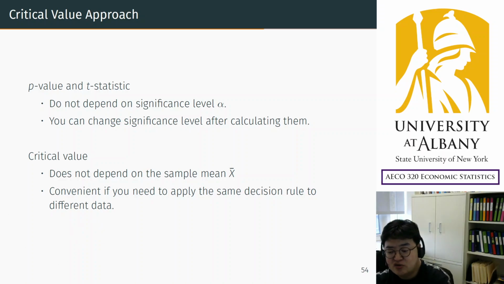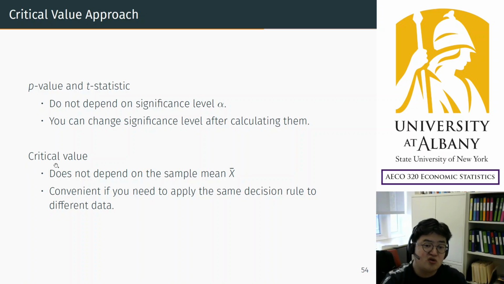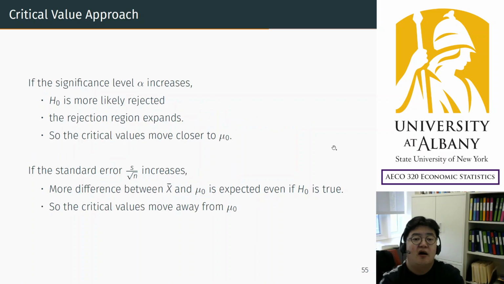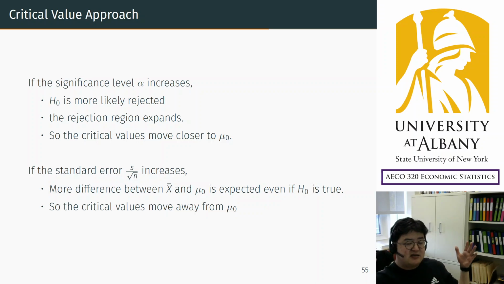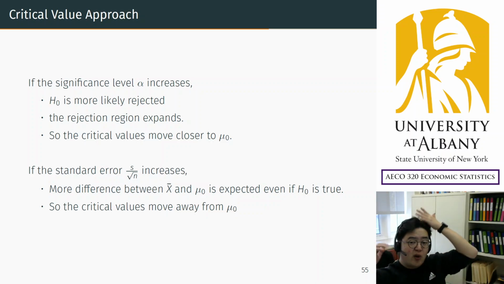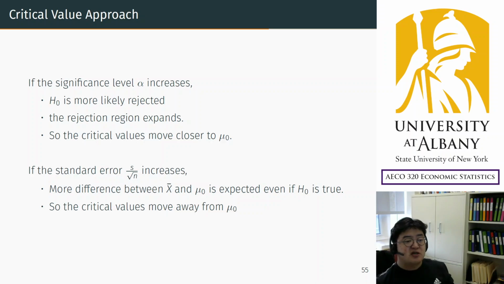We are going to do exercises about that in the next chapter. So you are going to use critical values a lot in the next chapter. And now let's think about what happens when alpha changes. As I said, the idea is the same. When alpha increases, you are going to reject your belief more often.